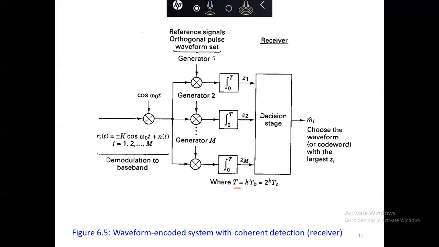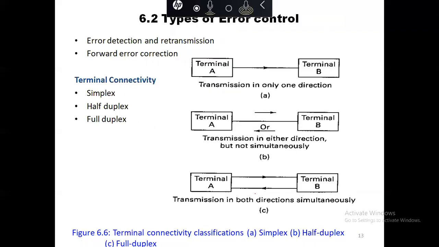So here you can see that the symbol duration is k times Tb.